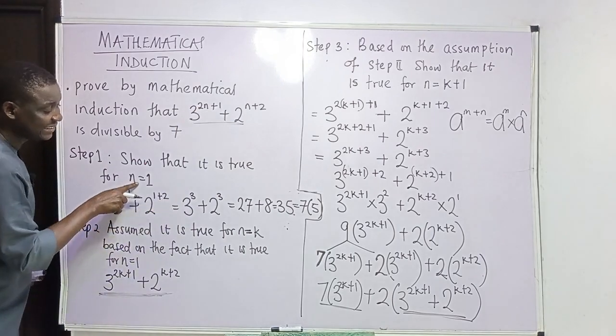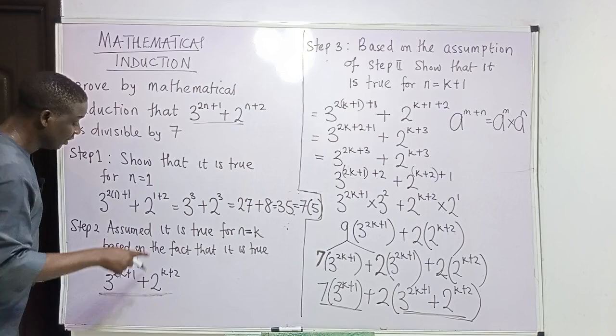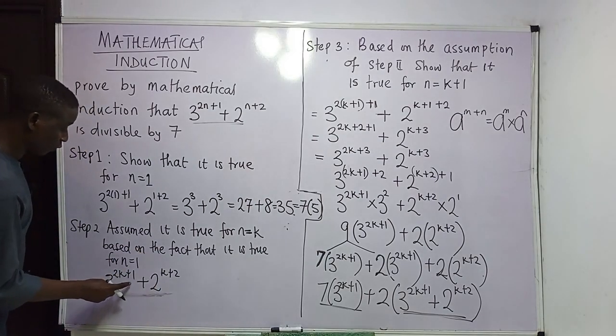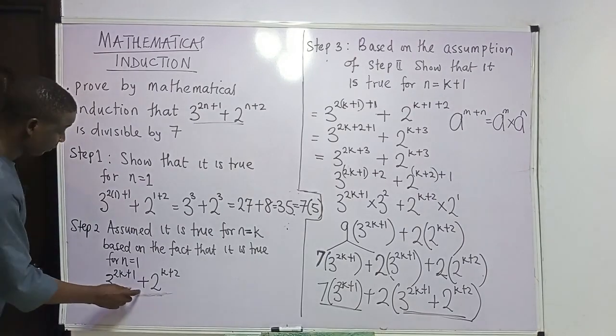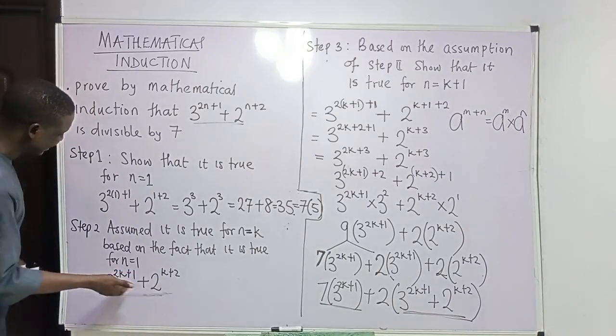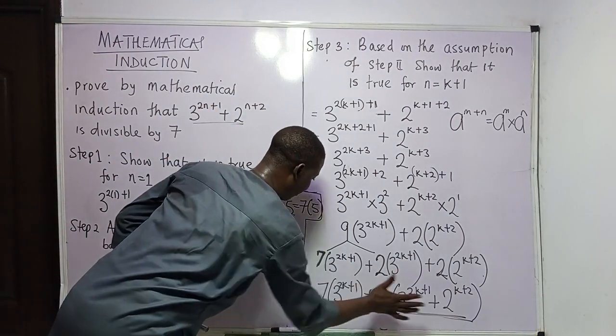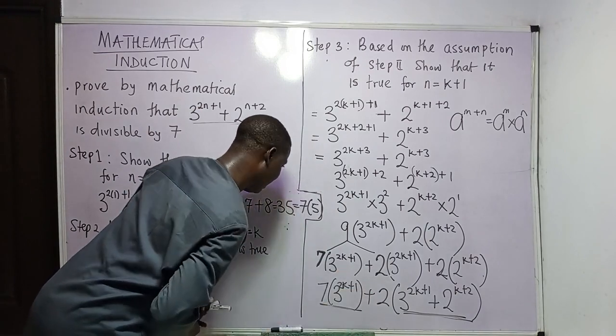So anything that is true for n equals 1 should be assumed true for n equals k. So for n equals k, in that case, this one is divisible by 7. Since this one is divisible by 7, this side is divisible by 7 and this side is divisible by 7.